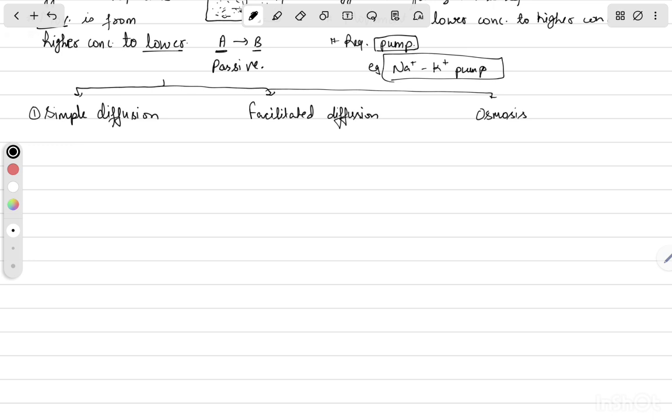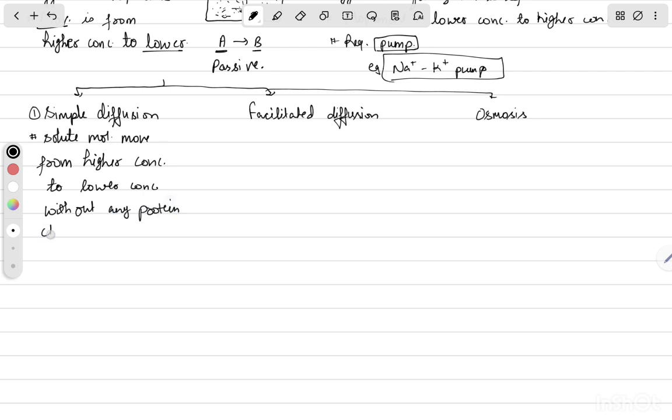In simple diffusion, solute molecules simply move from higher concentration to lower concentration without any protein channels. There is no requirement of protein channels for simple diffusion.